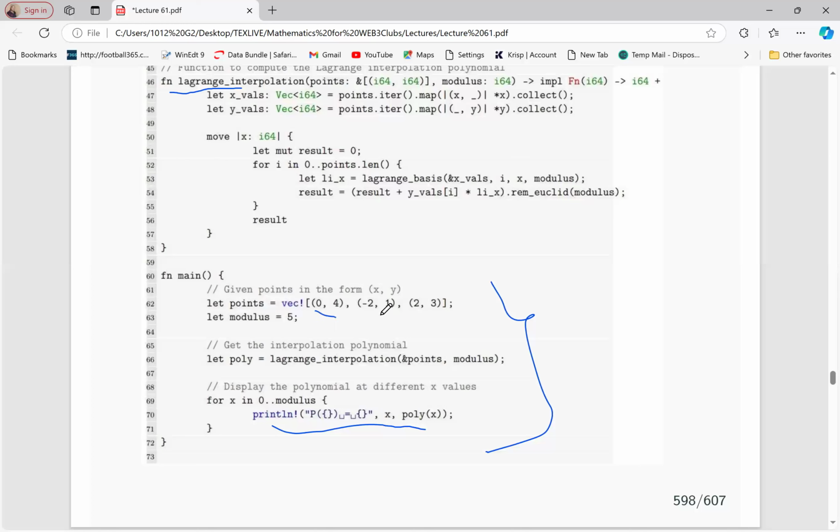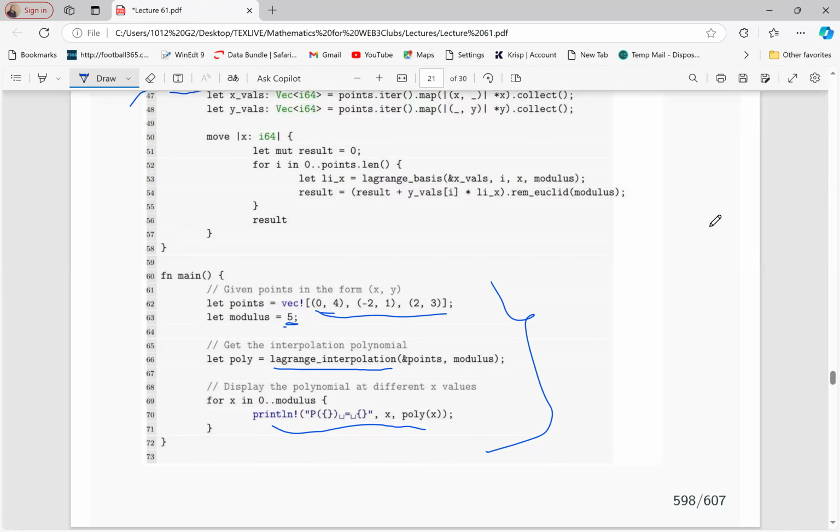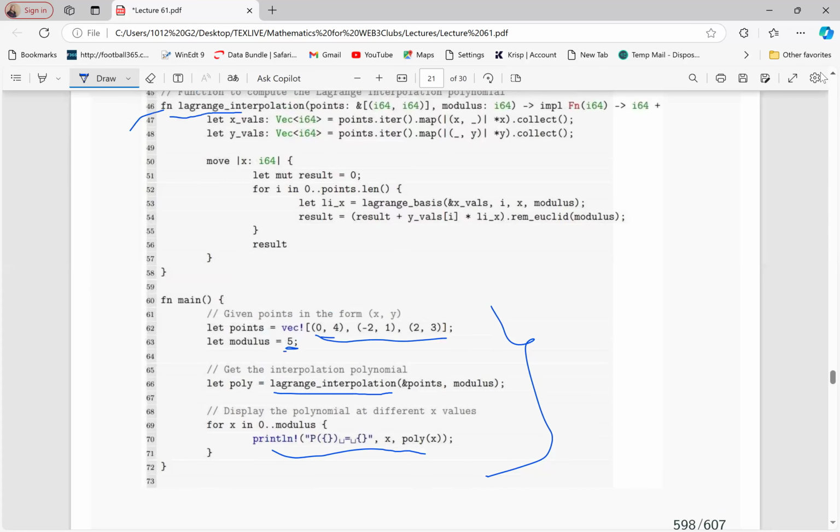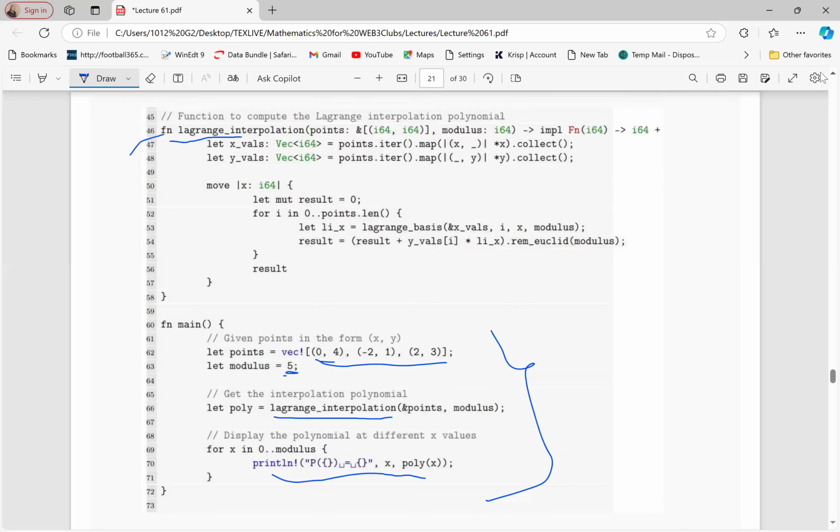You input the values, you input the mod, and then when you run, it calls for the Lagrange interpolation function. The Lagrange interpolation function is this. So it has been called upon. This function has been called upon to produce the polynomial.